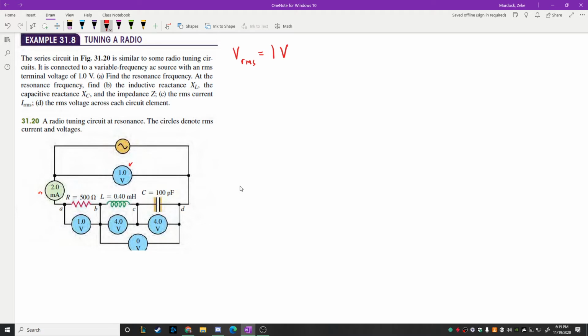Okay, so as we said above, that resonant frequency is 1 over the square root of L times C. And in this case, we're given the inductance is 0.4 millihenries, so 0.4 times 10 to the negative 3 henries, multiplied by C, which is 100 picofarads, so that's 100 times 10 to the minus 12 farads. We need to square root that.